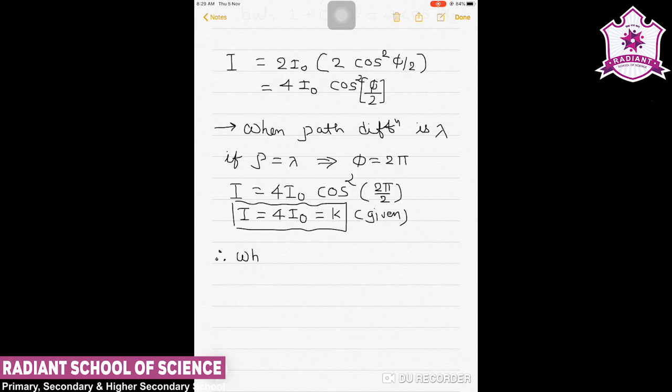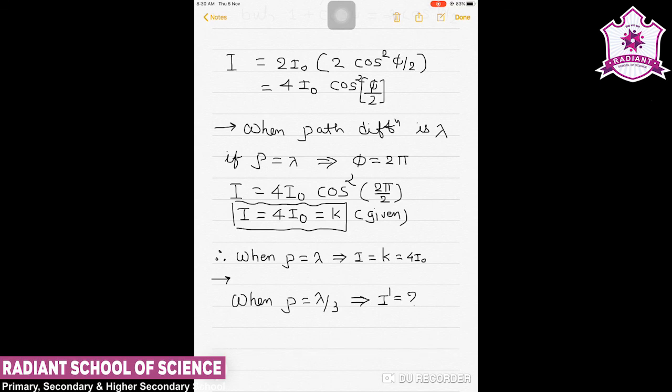So ultimately we can say that when path difference is lambda, intensity is equal to k, and it is equal to 4I0. So this is the case we can have. Now we go with the condition of path difference lambda by 3. We are asked that when path difference is lambda by 3, what will be the intensity I dash?